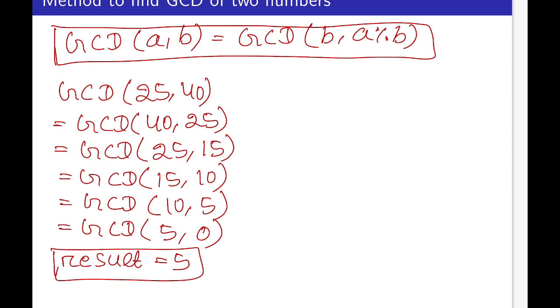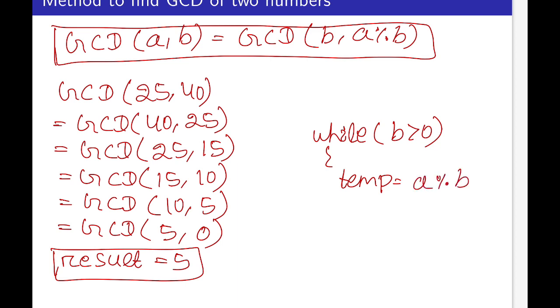So we can write it in this way, the loop continuation condition is like this: while b greater than 0. If the value of b is not equal to 0, then we find the temporary value, temp equal to a modulo b, then a equal to b and b equal to temp.